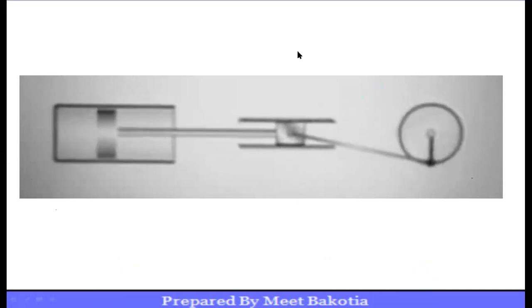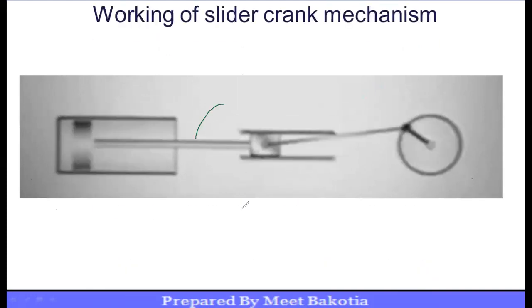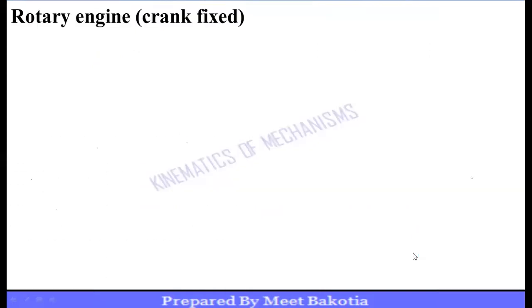Because of that, you can see this piston and piston rod is reciprocating inside the fixed cylinder. Hence, this is the working of the single slider crank chain mechanism. Let us quickly go to the inversions of the single slider crank chain mechanism.